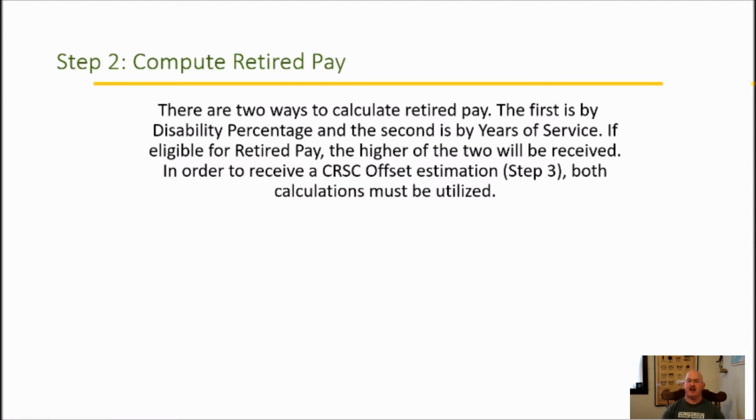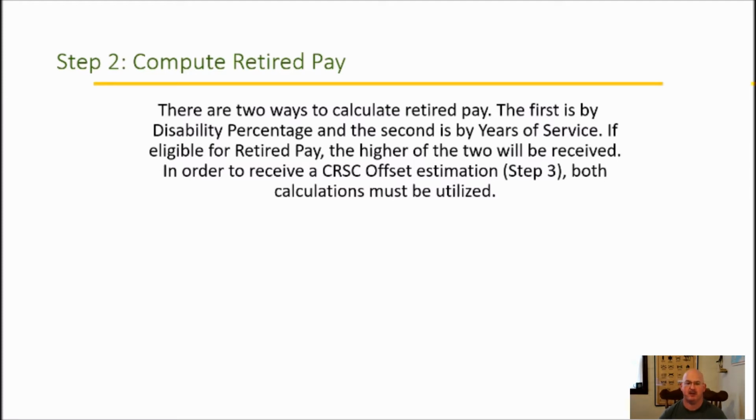Alright, next step. There are 2 ways to calculate retired pay. One is the disability percentage method, which a lot of you out there are familiar with already because you've been medically retired. And then there's the years of service method, or as I'm going to call it, the length of service retirement.